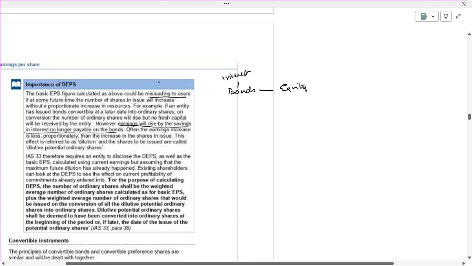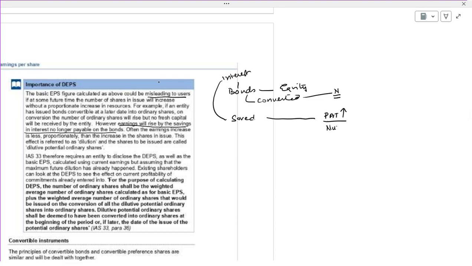The moment it is converted, this interest will be saved. The moment the interest is saved, the profit after taxes will increase, and the number of shares will also increase. In what proportion it will increase depends on the situation.